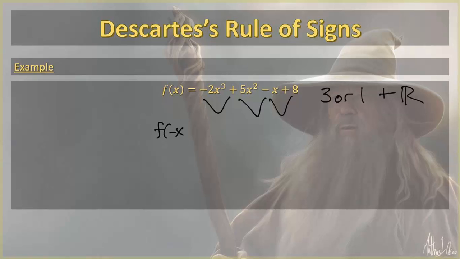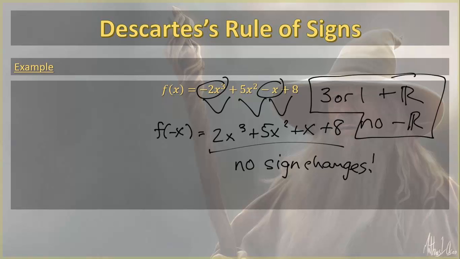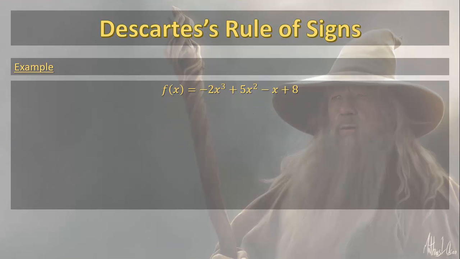F of negative x, it's going to change this and this. 2x cubed plus 5x squared plus x plus 8. There are no sign changes. Great, because that means there will be no negative real solutions. Then you go through and you find your zeros using all the tricks that we've learned so far, but this is going to limit the number that you have to look for.